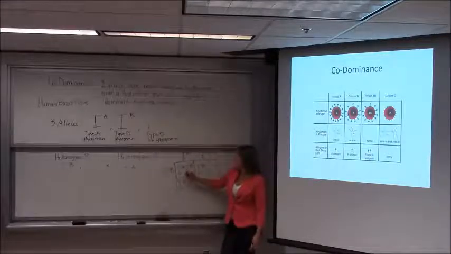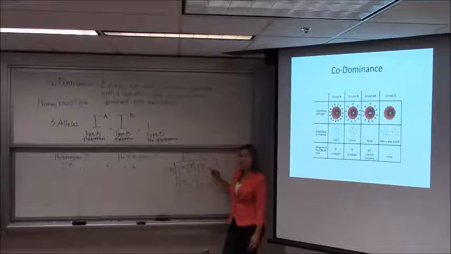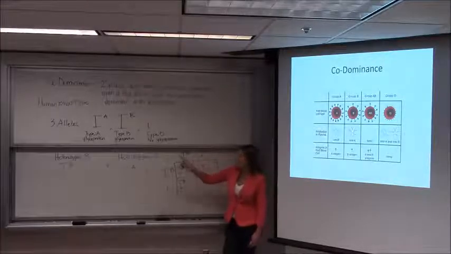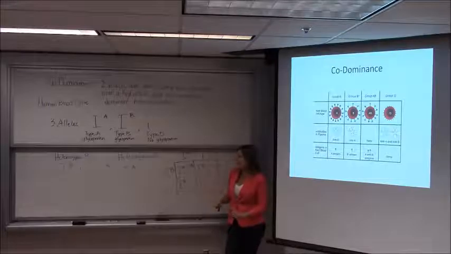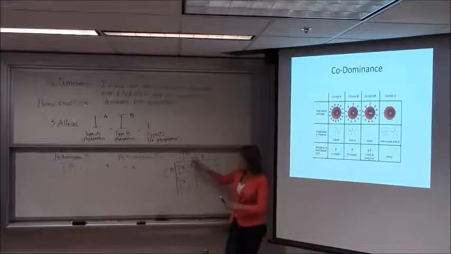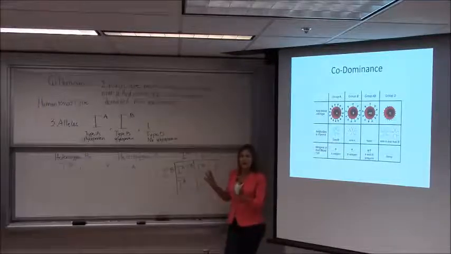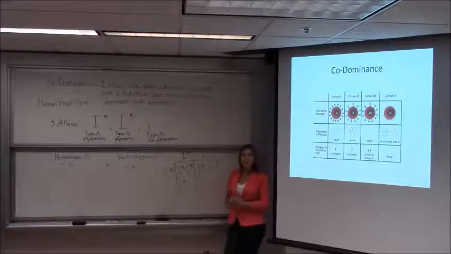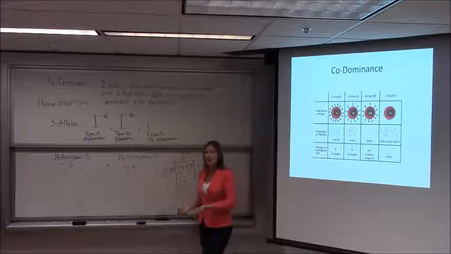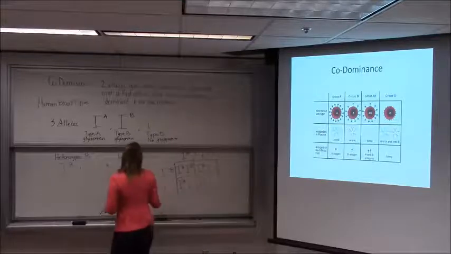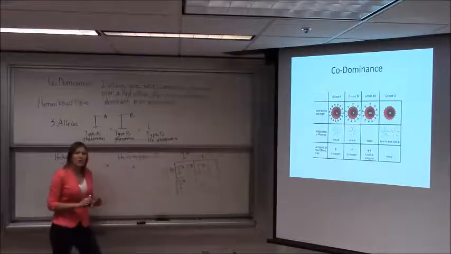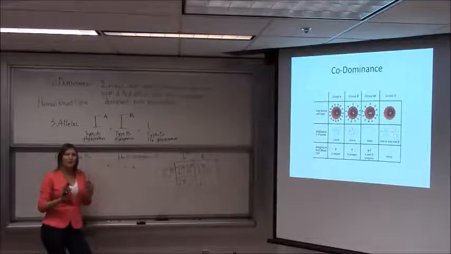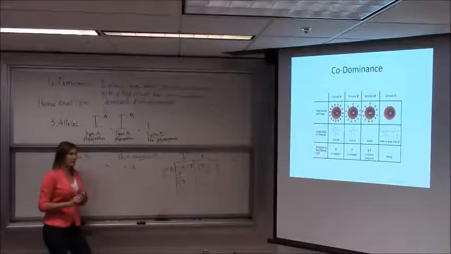We could have type AB, B, A, and O. So in this cross, where both parents are heterozygous for their blood type, we end up with offspring that have every possible blood type. So blood type crosses are pretty interesting. Again, this is codominance. A and B are both completely dominant over O, but they're not completely dominant over each other. When you have one of each allele, they are both expressed.